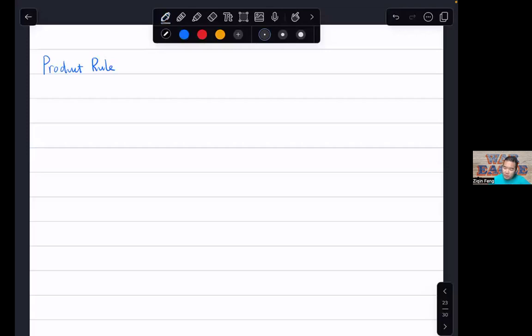So here we are assuming f and g are differentiable functions, i.e. f prime and g prime exist. If you try to write it, what's the meaning of this?